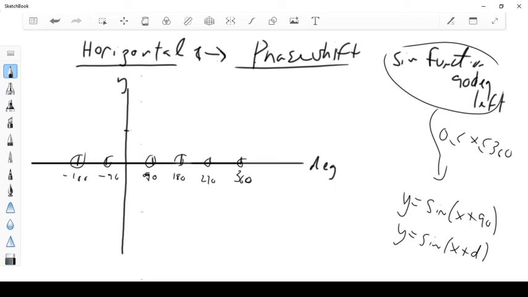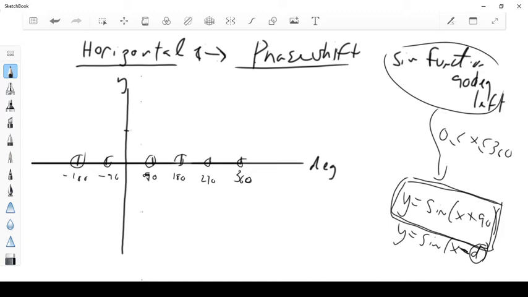Actually, I should also mention that it's x minus d, in the format, just kind of like vertex form from parabolas, a(x minus h). So it's x minus d. So if I'm shifting a sine function 90 degrees left, I'm plugging in negative 90 for d, and then it's x minus negative 90, which is going to show up as x plus 90.